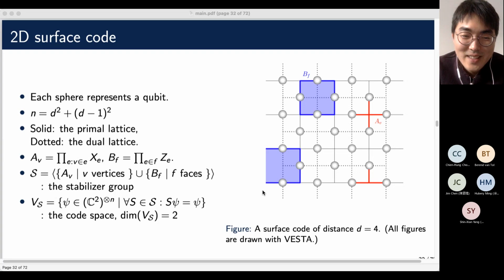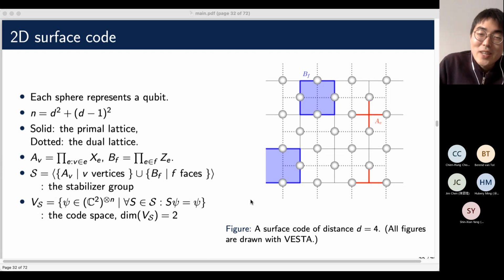And the state stabilized by all the elements in S consists of the code space, and the dimension of this space is 2, which means we can encode one logical qubit.